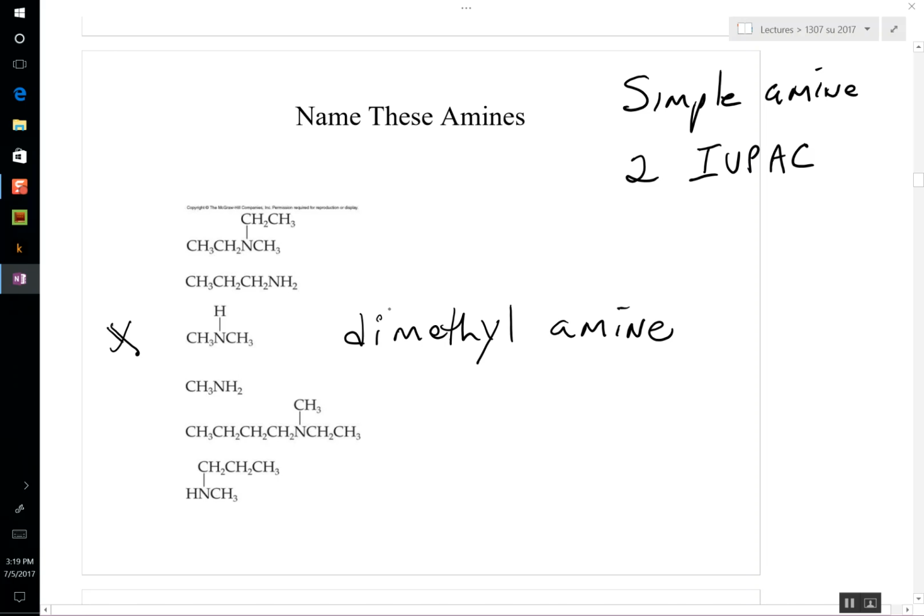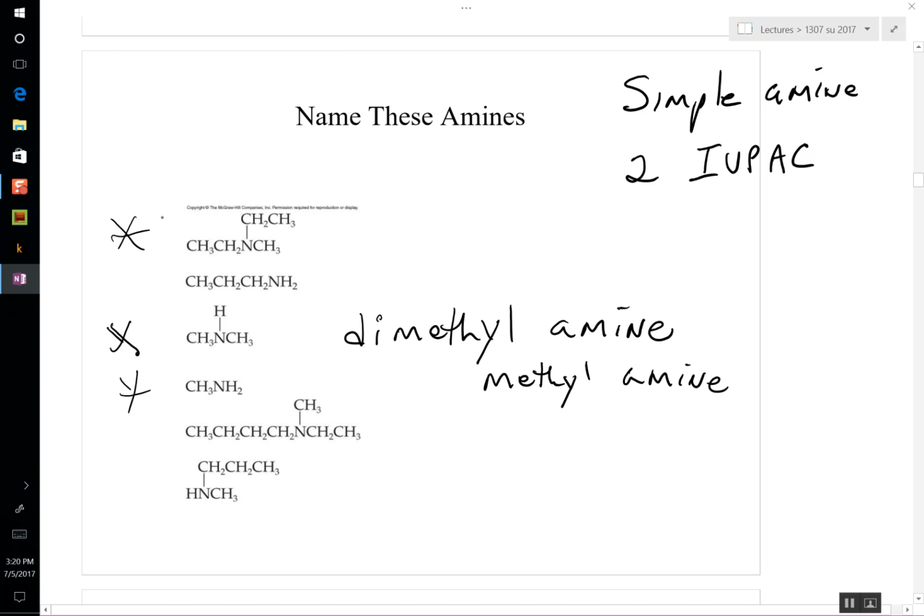This dimethylamine is a simple amine. What is that? Methylamine. And this is a simple amine.